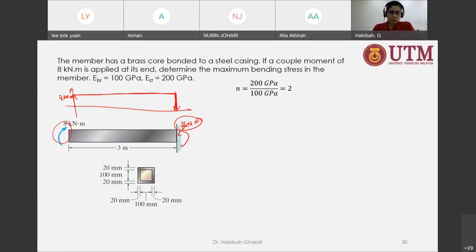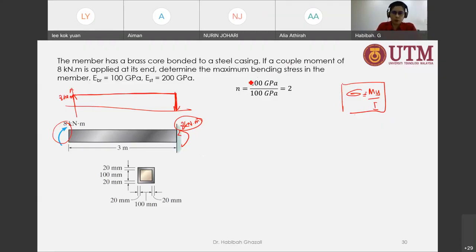Okay, but now, because we are going to use our stress equation, bending stress is negative My divided by I, and this is for one material. But we have a core that is made of brass, and we have the sleeve that is made of steel. So we need to transform this to become one material when we analyze them.